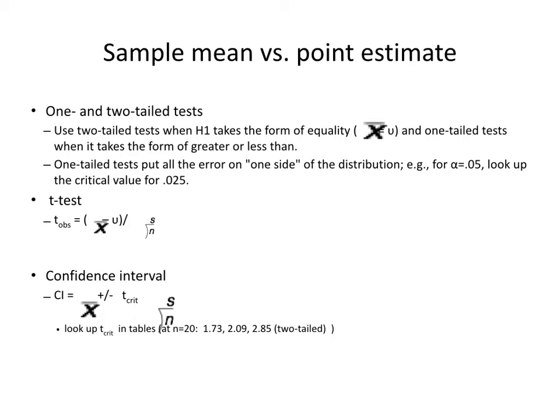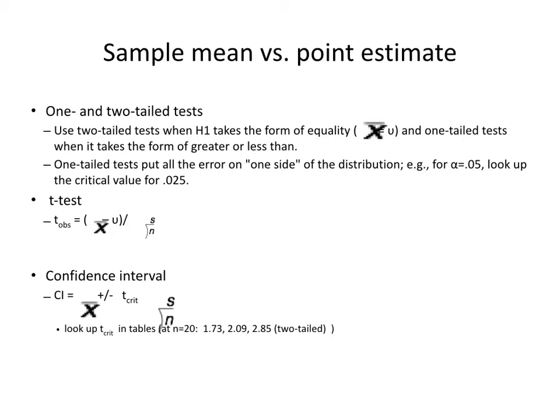But if your hypothesis takes the form of greater or less than, so you're testing not that x bar equals mu, but simply that x bar is greater than mu, so you're testing the hypothesis that the sample mean is greater than 0, for example, then you're not concerned about any error on the low side.